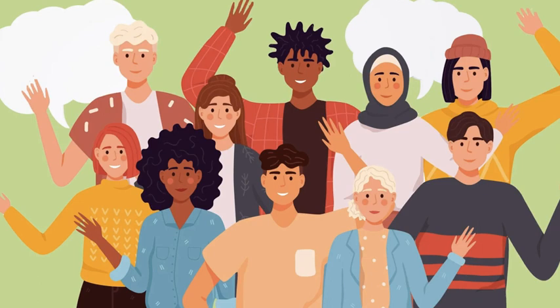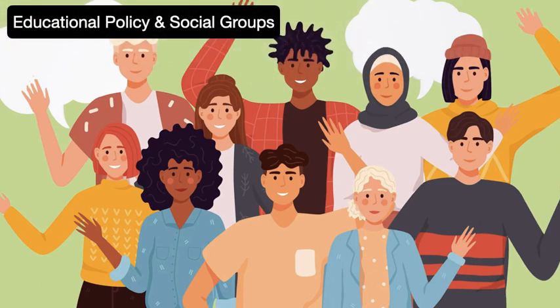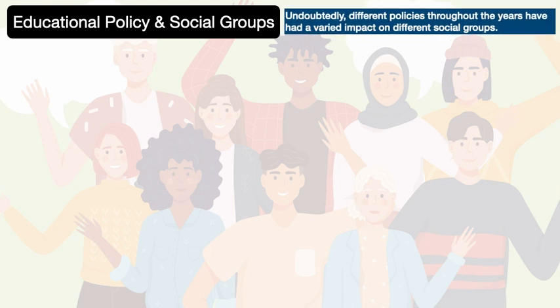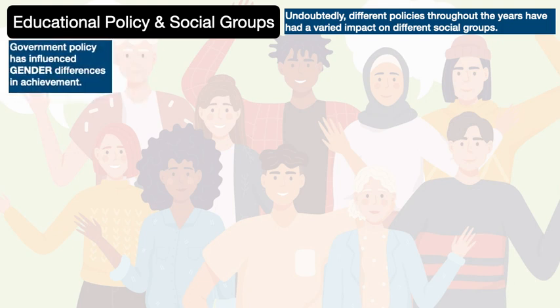As we move along, we should look at and summarise some of the educational policies over the years that have had an impact on different social groups. Because undoubtedly different policies throughout the years have had a varied impact on different social groups. If we begin with gender, the differences in achievement have been clear for us to see.